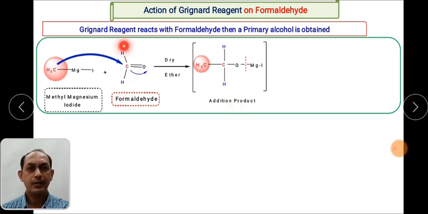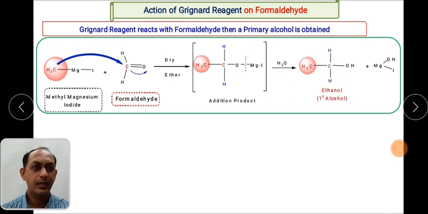Whatever hydrogens are attached to the carbonyl group, we can already see them in blue color. So they are there. This addition product then undergoes hydrolysis, and during hydrolysis this particular bond breaks and you will get the formation of primary alcohol, that is ethanol.